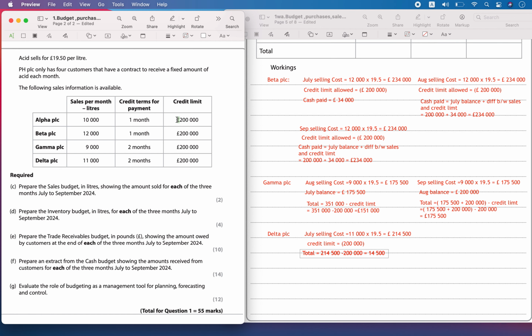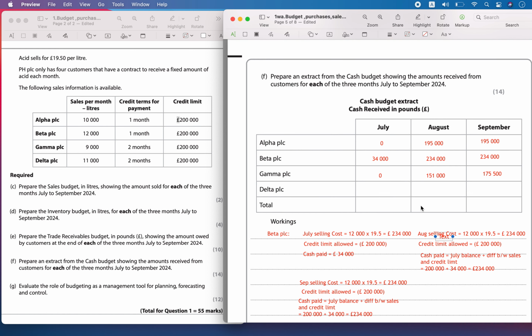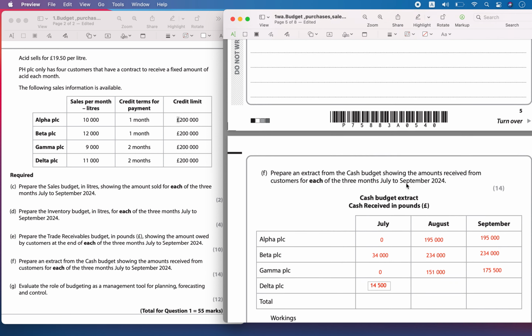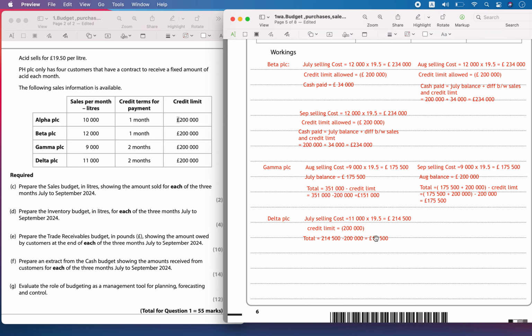So 14,500 pounds he has to pay in cash, the rest he can keep as a balance. So 14,500 is the cash that he would have paid extra, and the rest would go in the books as the 200,000 credit limit.